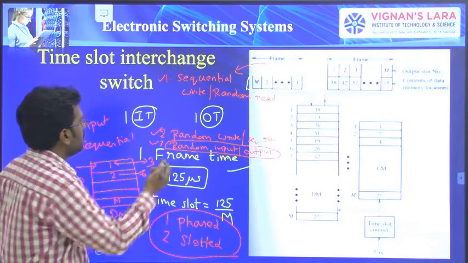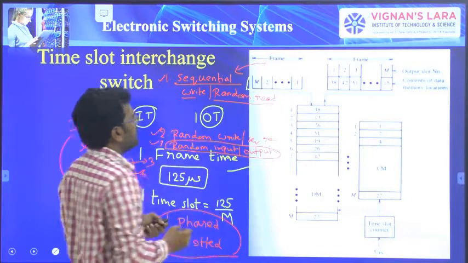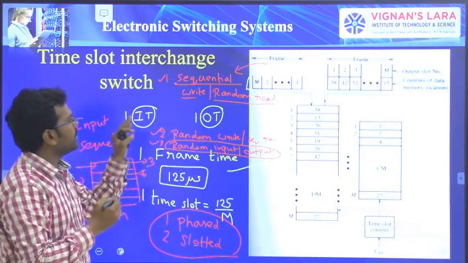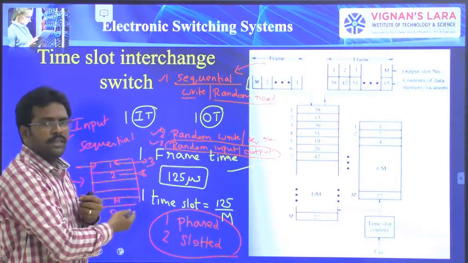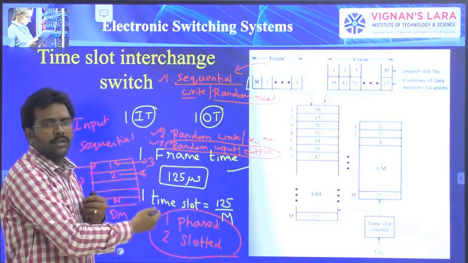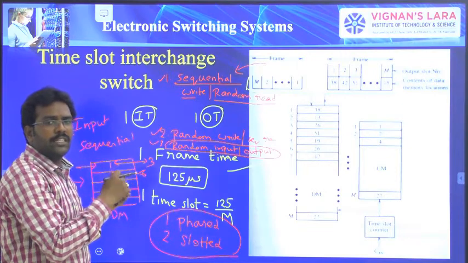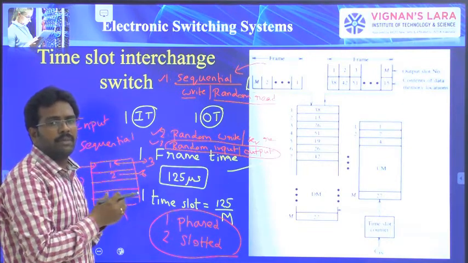Clear? Hence the nomenclature sequential write and random read operation. I explained the same concept in the previous class. This is the mechanism: one-to-one correspondence between the inlets and the data memory locations. It writes the data sequentially, whereas since the outlets are different for each inlet, it reads the data randomly from the data memory.